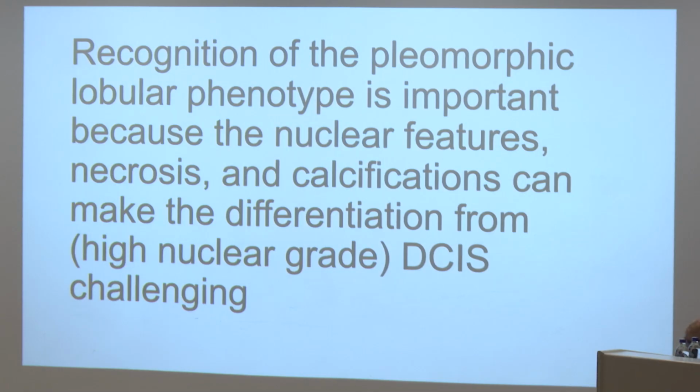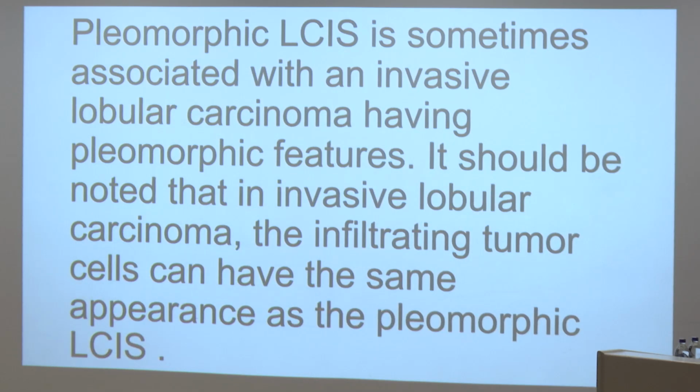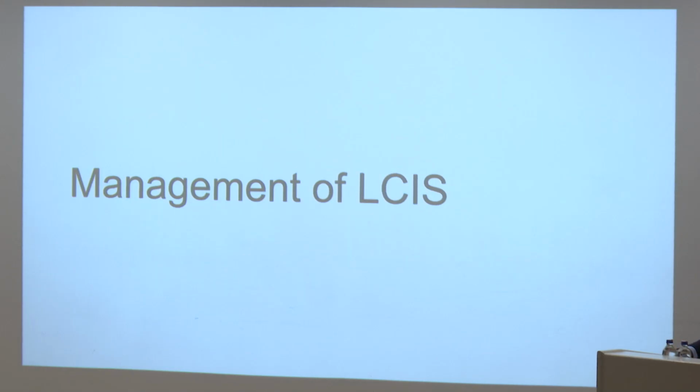It's important to recognize that it's not a simple LCIS, but an LCIS with necrosis, because the differentiation from high-grade LCIS is not very easy. And the most interesting thing is that this entity is much more connected to breast cancer in the future than the classic LCIS.